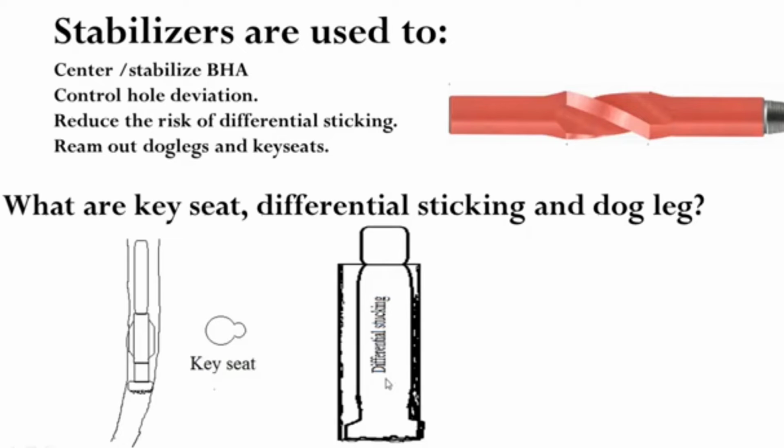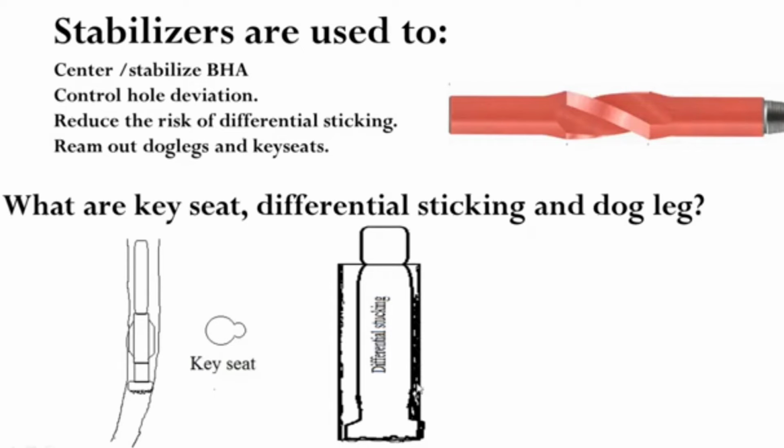and if the drill string remains static for a long time, this differential pressure will press the string into the filter cake, especially when we are drilling a directional well, because in a directional well the drill string or BHA will be lying on the low side of the well bore.